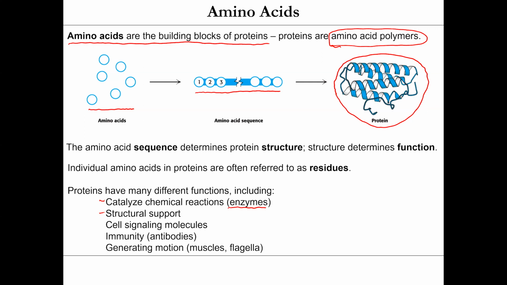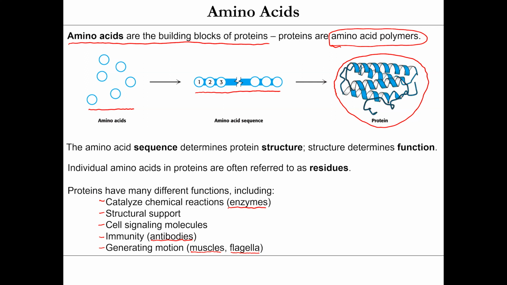Proteins are also used as cell signaling molecules, so they're ways that cells can communicate with each other and change the physiological state of different cells. Proteins are also involved in immunity, so antibodies are proteins. And they're also involved in generating motion. If you think about your muscles, that involves proteins doing that contractile activity, and also flagella in bacteria.